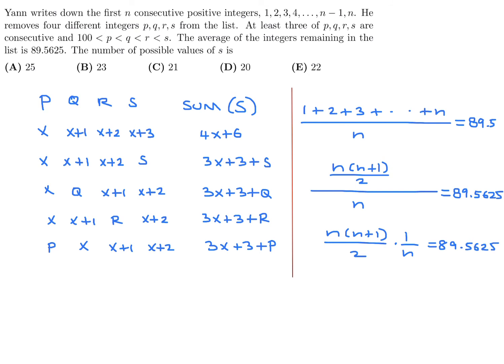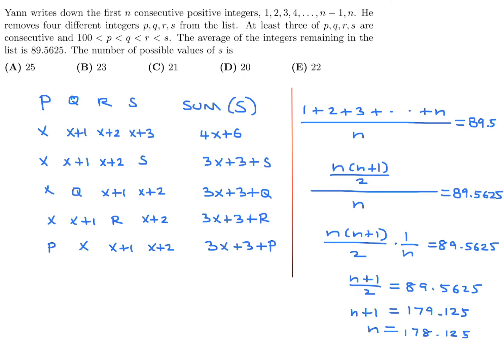It looks to me like that n cancels, so I just have n plus 1 over 2 is 89.5625. And then I can just easily work this out. This looks like n plus 1 is equal to 179.125, and therefore n is equal to 178.125.